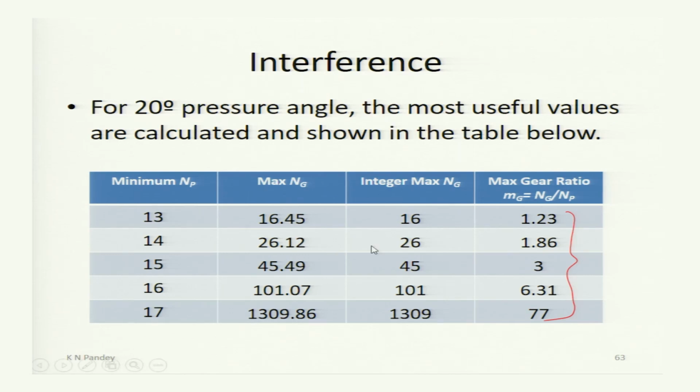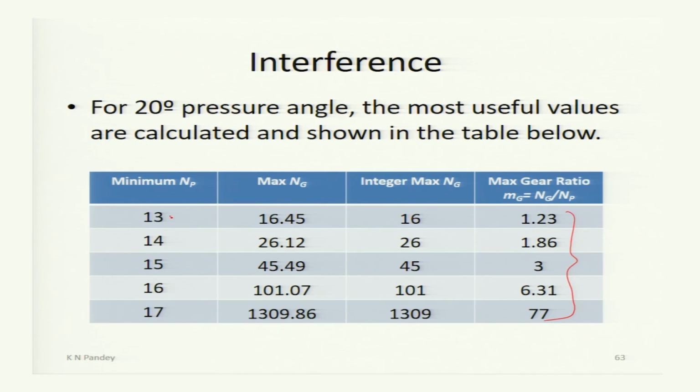So this table gives us an idea about what should be the minimum number of teeth on the pinion for 20 degree pressure angle and the number of teeth on the gear.